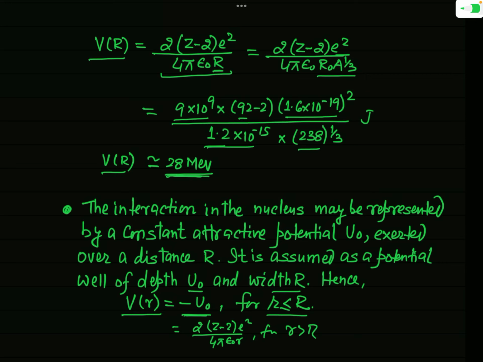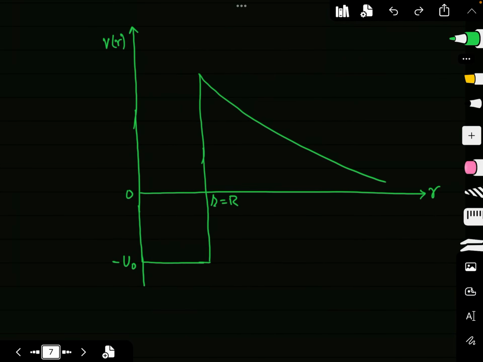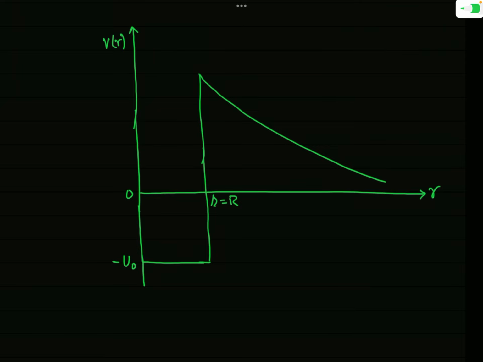Now you can plot this potential against r. You can see this figure. On the x-axis I have represented the value of small r, which is the separation between the center of the nucleus and the alpha particle, and on the vertical axis I have taken the value of V of r.